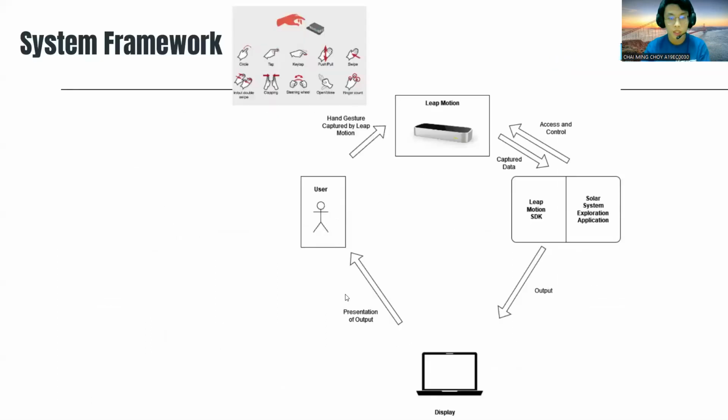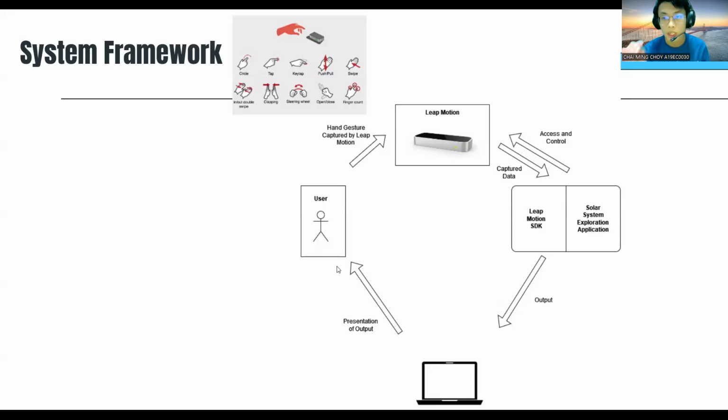Next will be the system framework of the project. The system framework of this project consists of 5 main components, which are the user, Leap Motion device, Leap Motion SDK, solar system exploration application, and also the display. First, the user will use hand gestures as input to the Leap Motion device and receive the output from the display.